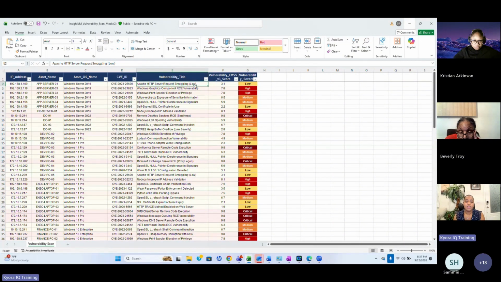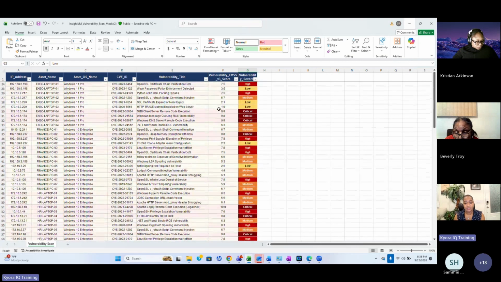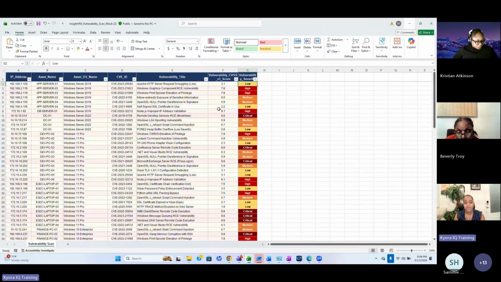In this case, this vulnerability was for an Apache server, and it has its CVE ID, and then the vulnerability score, which is how they score the vulnerabilities using CVSS, which is like a national standard. It's ranked as low. You'll have low, medium, high, and critical vulnerabilities that we're going to be analyzing in this report. This is typically how a Rapid7 report reads, with the exception of many different columns to follow the path.